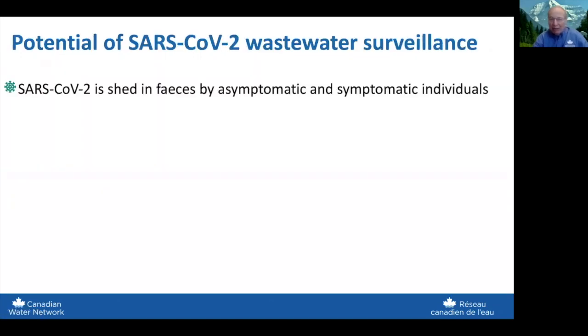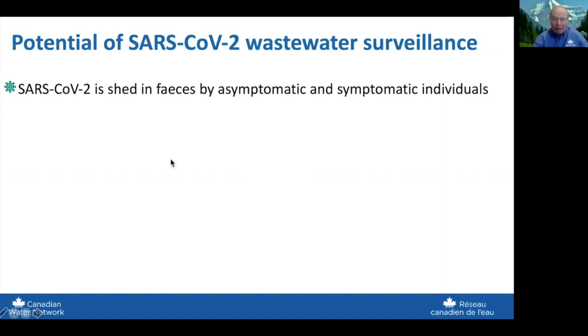So clearly where all this comes from is that SARS-CoV-2, early on we discovered, was shed in feces by both asymptomatic and symptomatic people, and it's the asymptomatic people who apparently can cause infections, but being asymptomatic, they're unlikely to have been clinically tested.